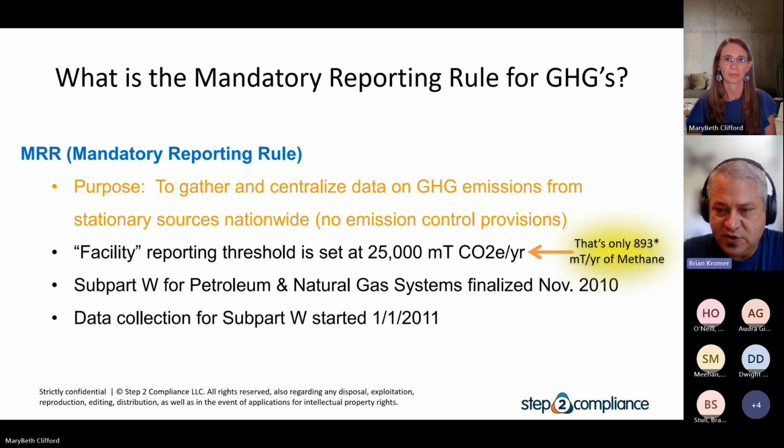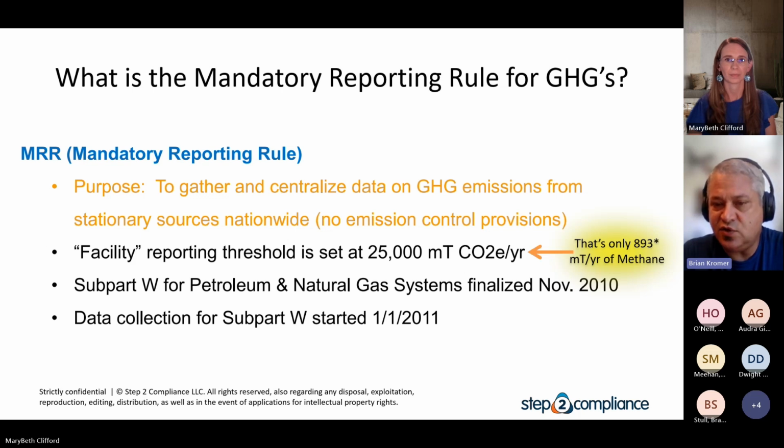And these proposed changes in Subpart W have increased the 100-year global warming potential for methane from 25 to 28. So 25,000 metric tons of carbon dioxide equivalency gets you an invitation to the party to report under Subpart W and the mandatory reporting rule.